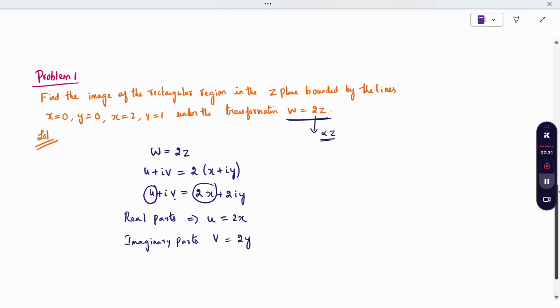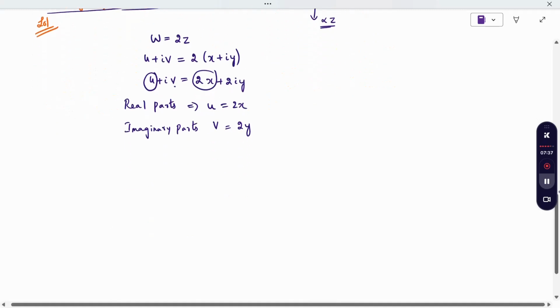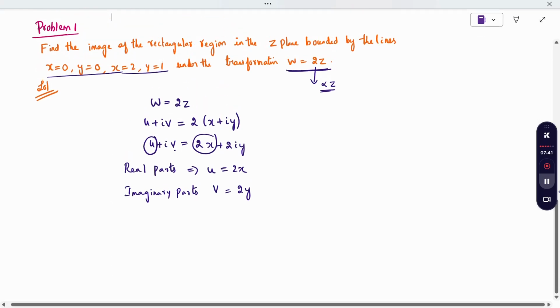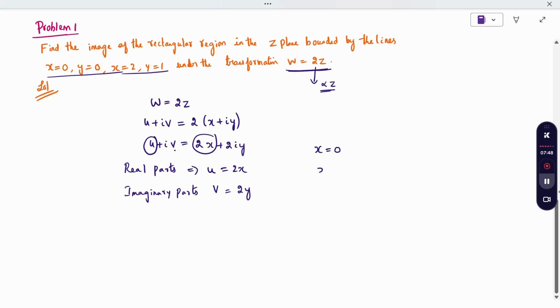Some parameters are given, so that I am going to plot it. Before plotting, first I will calculate all the parameters. Do it in a table format so that you will not get any confusion: x equal to 0, x equal to 2, y equal to 0 and y equal to 1.